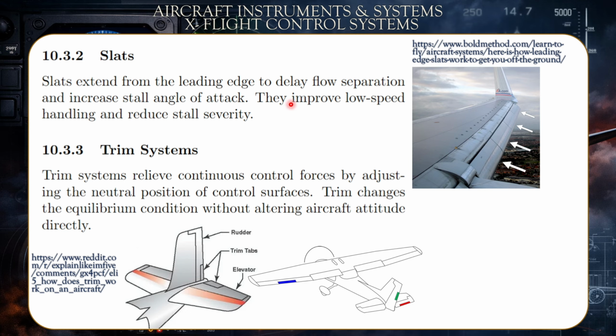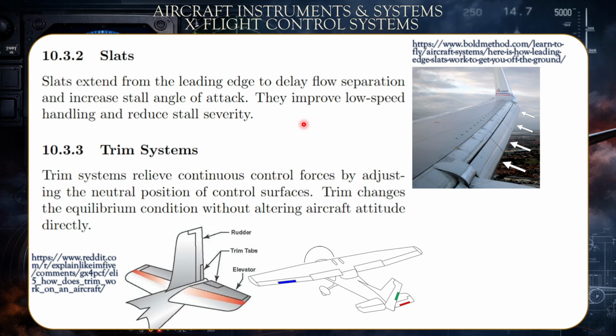And by the way, slats and flaps are usually extended during takeoff and landing. So they improve low speed handling and reduce stall severity. During takeoff, both flaps and slats are extended in case they both exist on an aircraft. Some aircraft only have flaps without the slats.